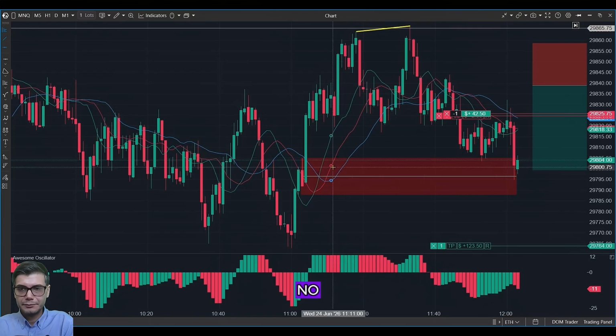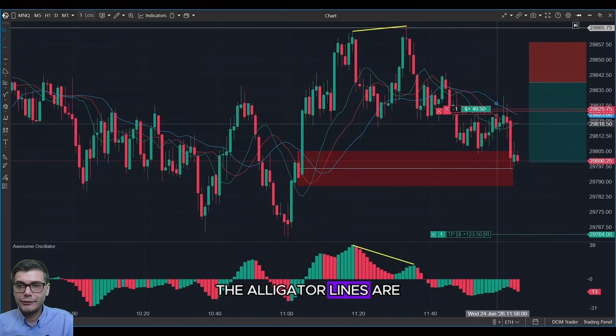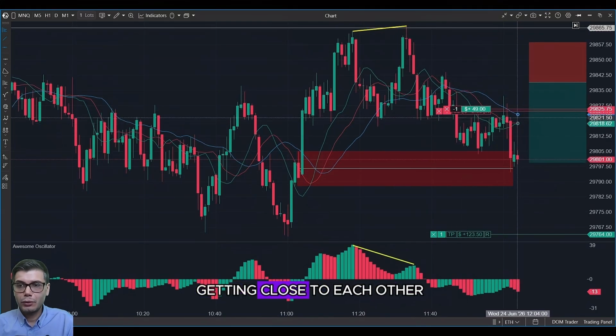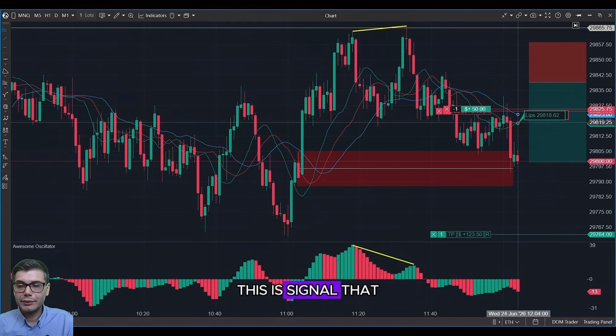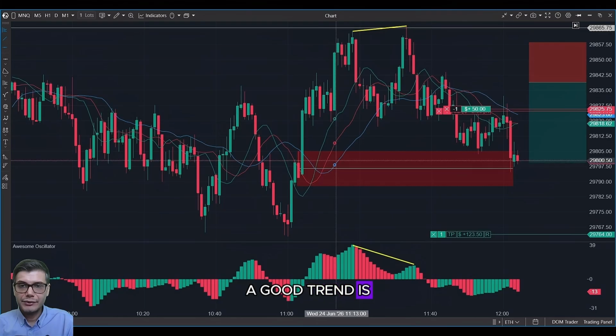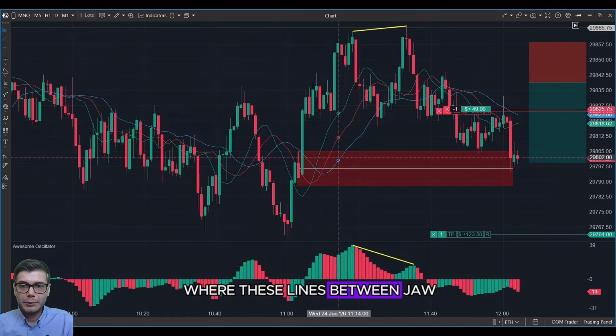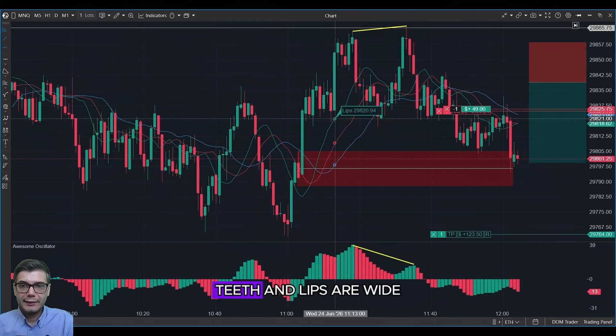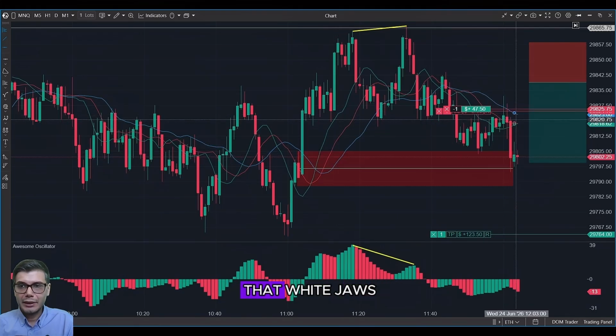But currently, no. The alligator lines are getting close to each other. This is a signal that the trend is getting exhausted. A good trend is where the lines between jaw, teeth, and lips are wide. Here, we don't have that wide jaws, teeth, and lips.